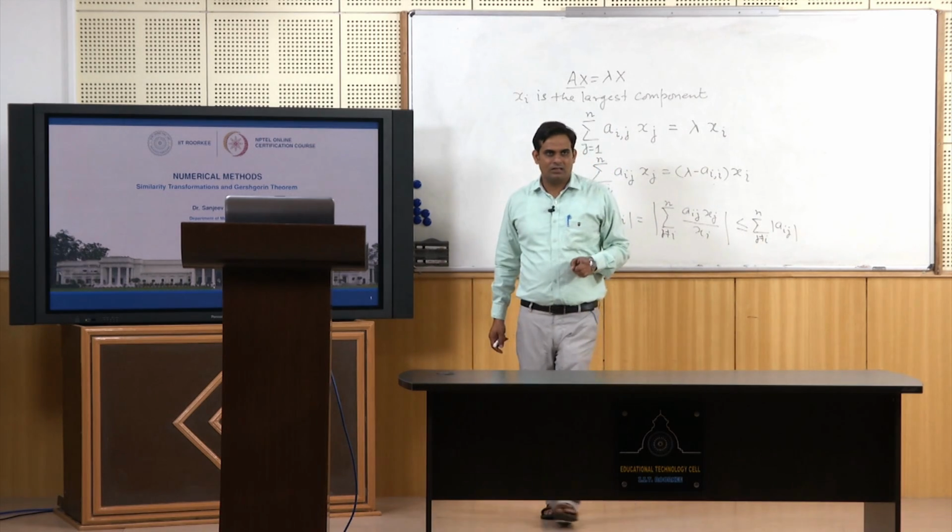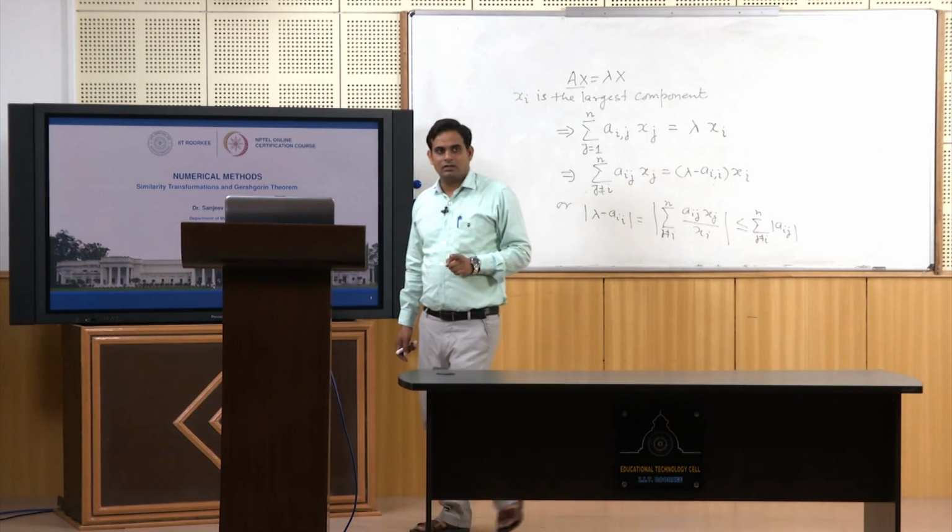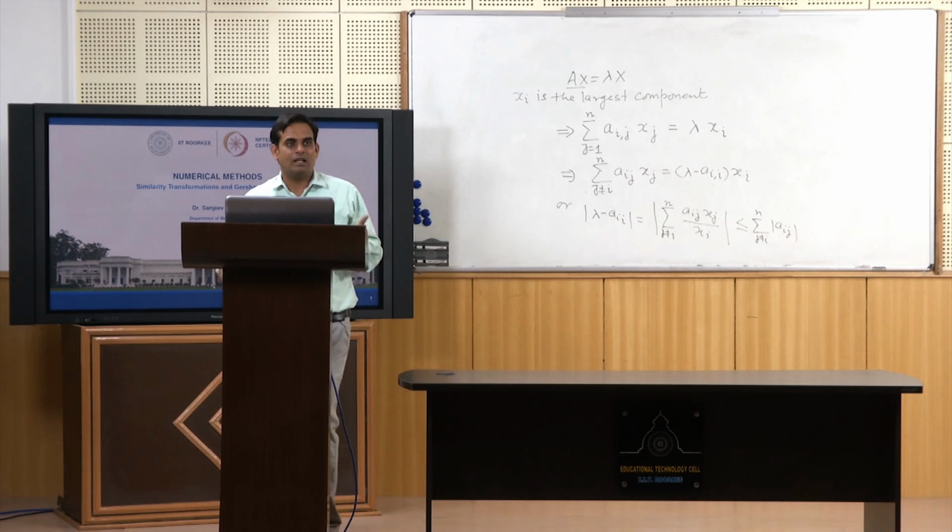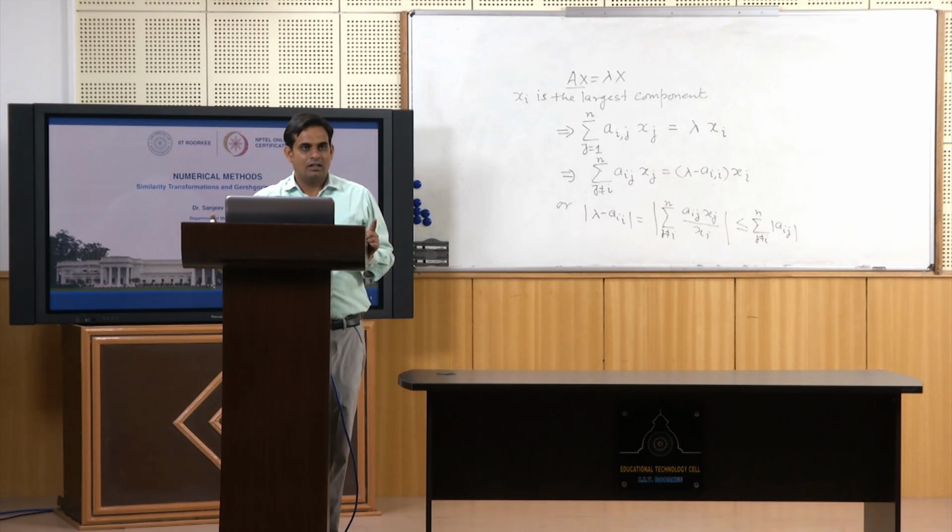It means none of the disks will contain the origin, and hence the union of all the disks will not contain the origin, and hence 0 cannot be an eigenvalue of this matrix, and hence it is an invertible matrix.